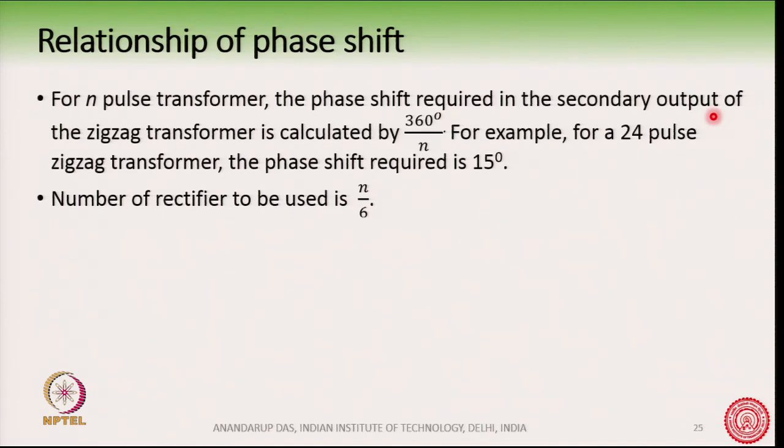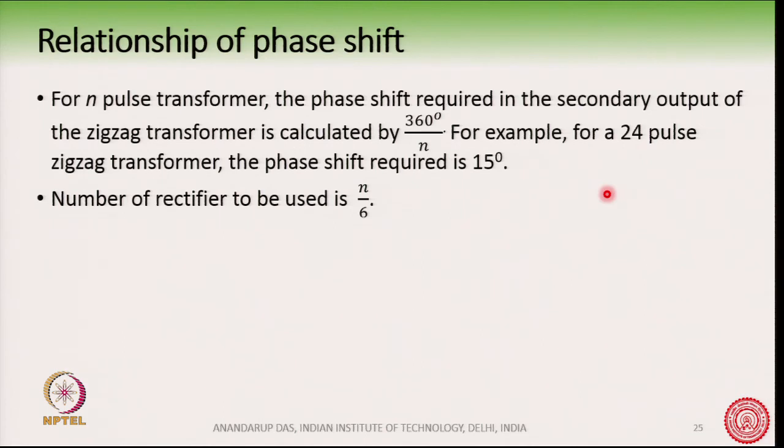For a 24 pulse zigzag transformer, the phase shift required is 15 degrees. For a 48 pulse zigzag transformer, it will be 7.5 degrees. And the number of rectifiers to be used is n by 6. For a 24 pulse zigzag transformer, the number of rectifiers is 4.